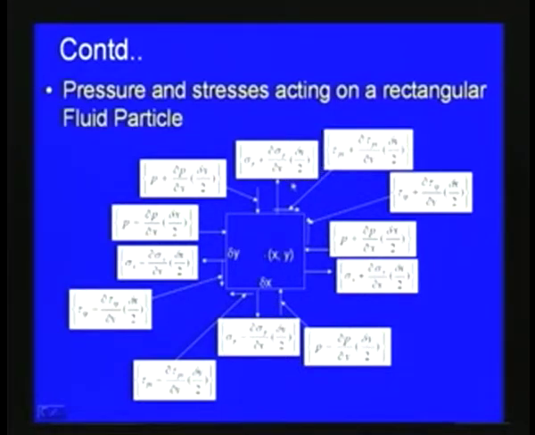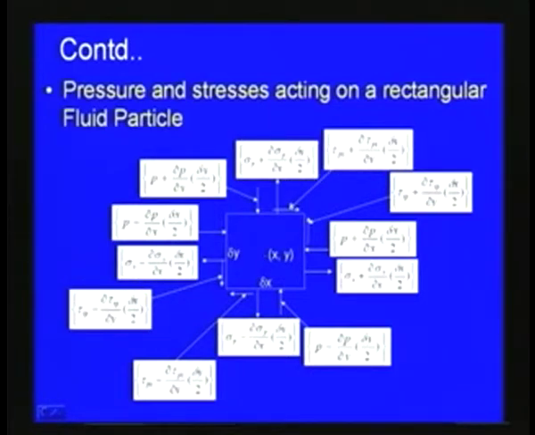Then for the normal stress: on one face it is sigma x minus del sigma x by del x into delta x by 2, and on the other face sigma x plus del sigma x by del x into delta x by 2. On one face sigma y minus del sigma y by del y into delta y by 2, and on the other face sigma y plus del sigma y by del y into delta y by 2, and in a similar way the shear stress components.